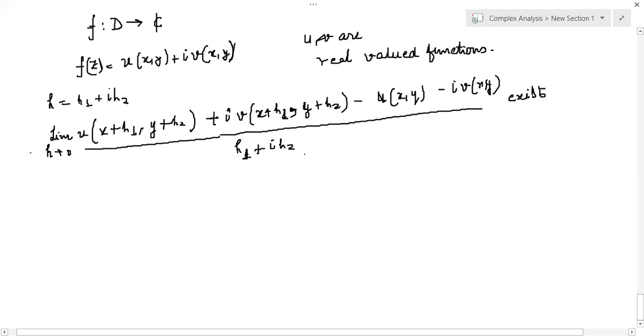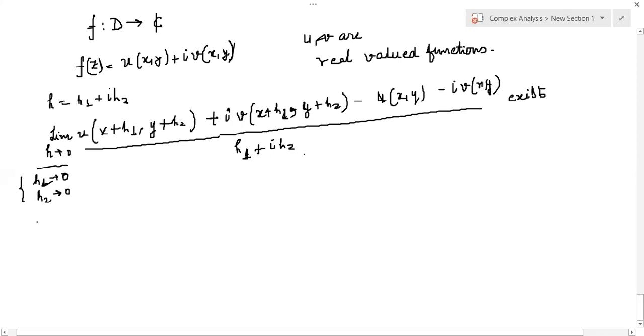Okay, and it should be path independent. If h tends to 0, it implies h1 tends to 0 and h2 tends to 0, right? Now, it is true for both h1 and h2 tending to 0.